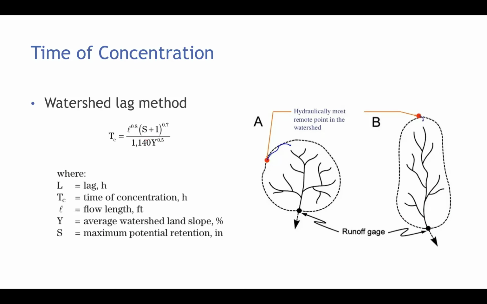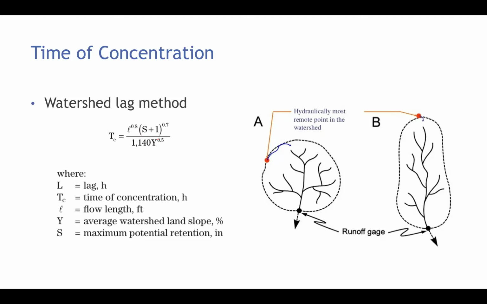So it is basically a function of your flow length. The formula I'm not very much interested in explaining. So this is flow length and how much is the potential retention, S, which we have already seen, depends on our NRCS curve number. And then average watershed slope.